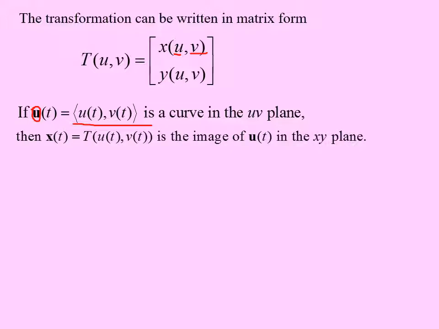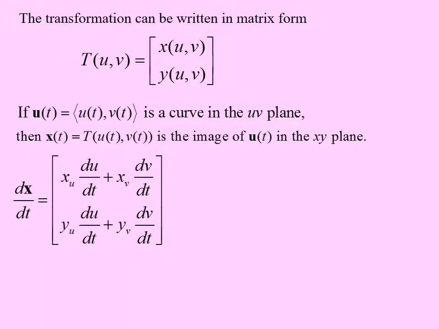And so we have the vector function x of t being the transformation of the curve in the uv plane to a curve in the xy plane. And so here's the derivative of x by the chain rule.